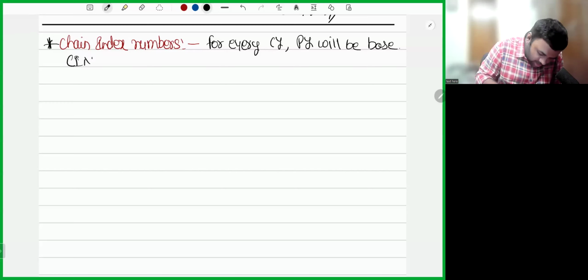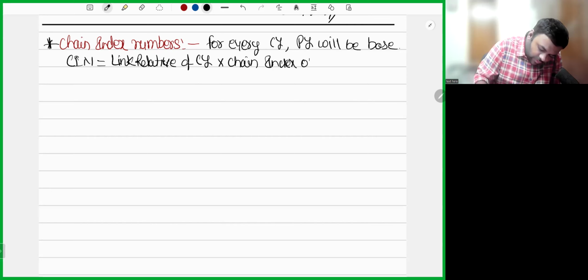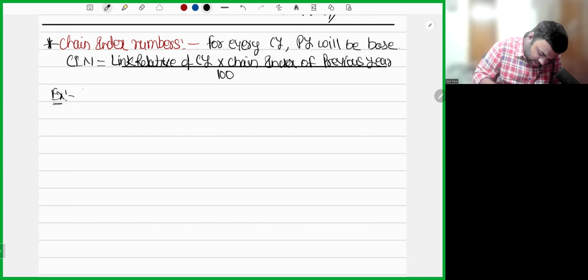So chain index number formula will be link relative of current year into chain index of previous year whole divided by 100. Let us understand with an example. I'm having year, I'm having price, I'm having link relative, I'm having chain index.